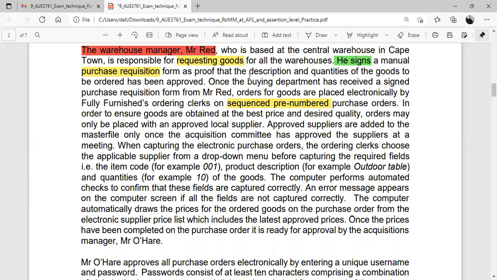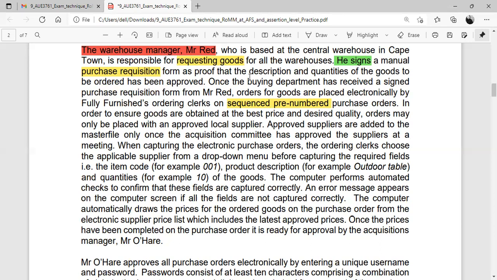Could I mention the presence of a master file that consists of approved suppliers? Absolutely. Tell me more about it. Substantiate what you're saying. So this would go to ensuring the validity of the suppliers, so that non-fictitious suppliers are not used when purchase orders are placed.